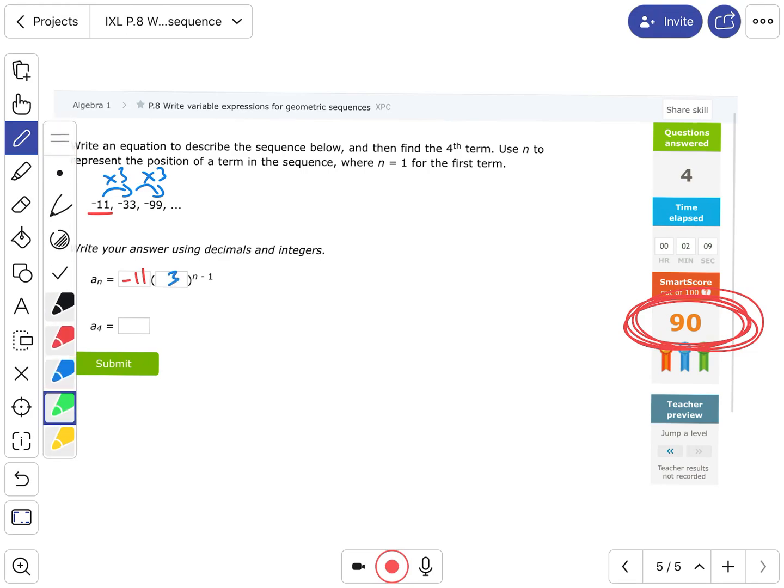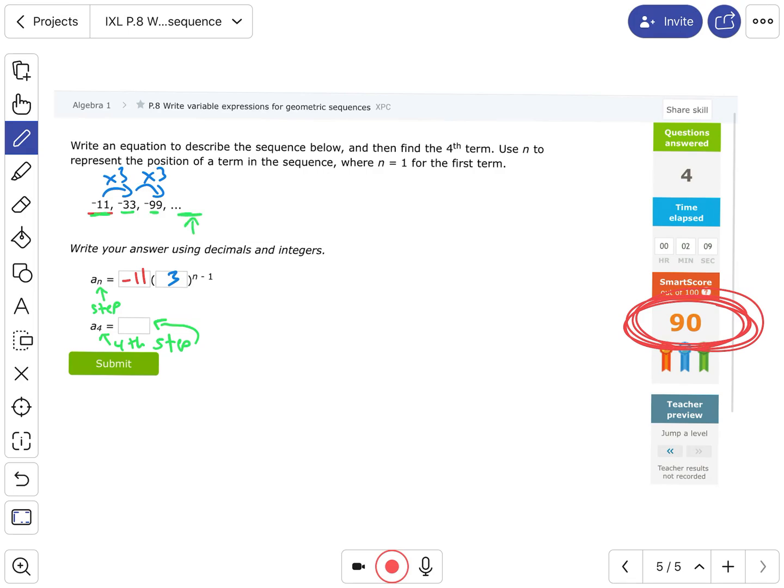And then to get extra credit here, this is asking right here. It says a 4 instead of an n. So that's basically saying a step. What step is this? This is the 4th step. So what is the 4th step going to be? Well, this is the first step, 2nd, 3rd, 4th. And so this would be the answer that would go in this box down here.